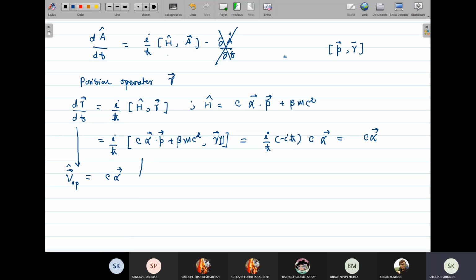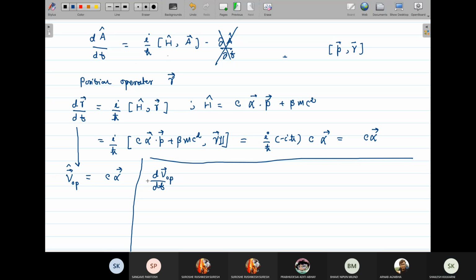What is the point is that, since we are discussing a relativistic free particle, this v must be constant. But suppose I write the equation of motion for this v operator, dv by dt, what will that be?